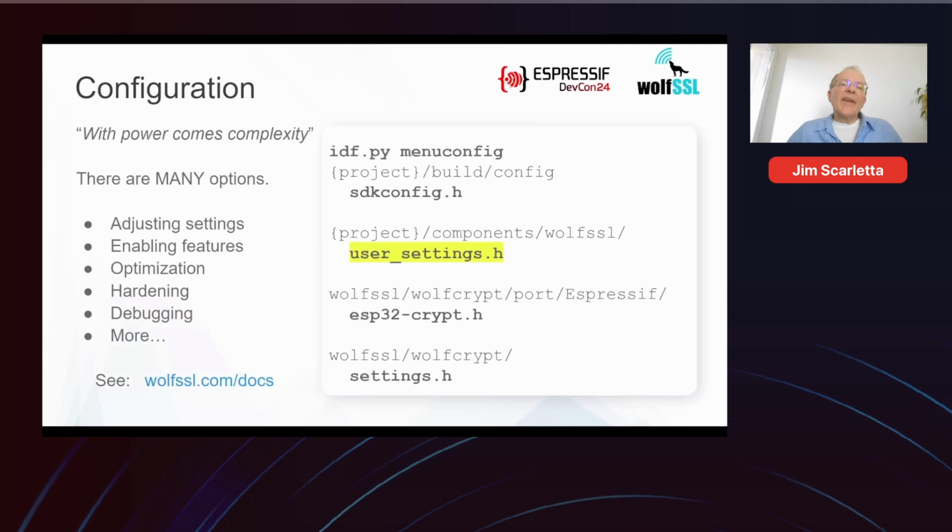And finally, we talked about the settings.h. You can see where settings are adjusted there, but it's not recommended that you go into the settings.h and make any changes. The settings.h will typically change from release to release. We do accept pull requests, but for any project settings, you want to make sure that all of the settings that you make are in the user settings file in the components directory.